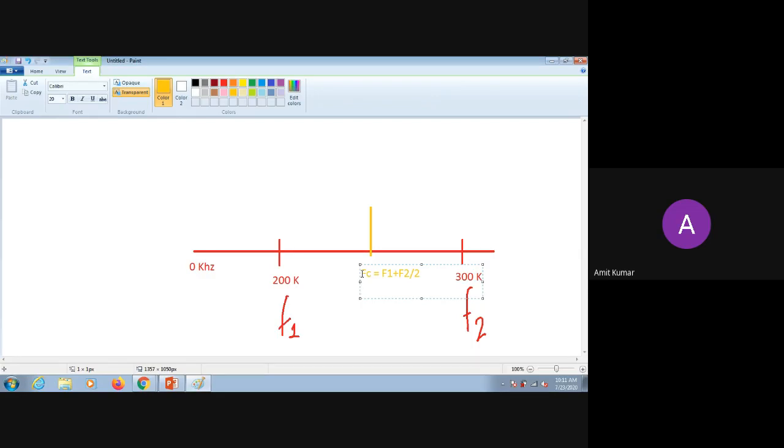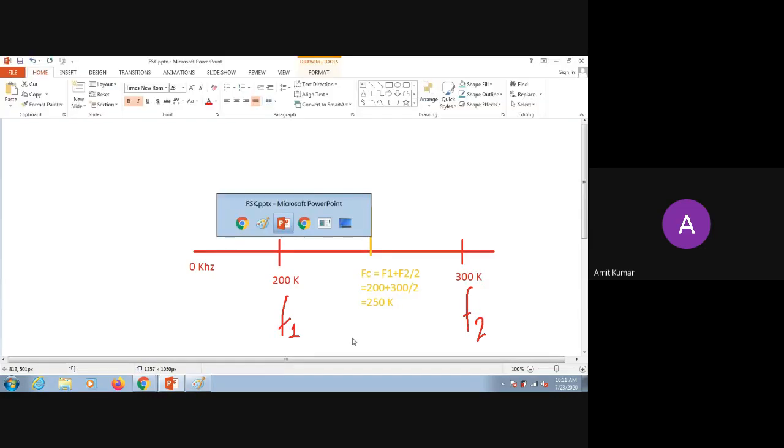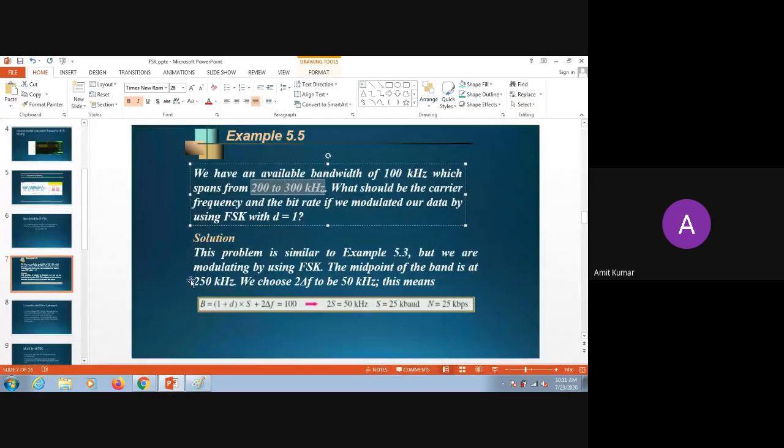So that will be 200 plus 300 divided by 2, which is 250. That is the first thing to calculate. The midpoint of this band is 250 kilohertz, so your center frequency lies here.